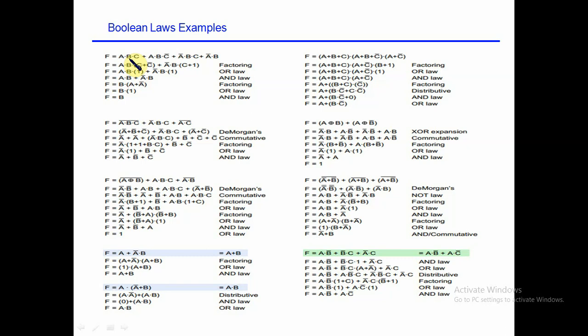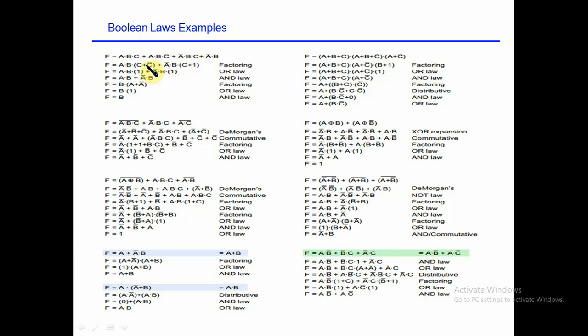In the first example, the given equation is ABC plus ABC bar plus A bar BC plus A bar B. Here we take the common term AB, and we get C plus C bar. In the next term we take A bar B common, then we get C plus 1.